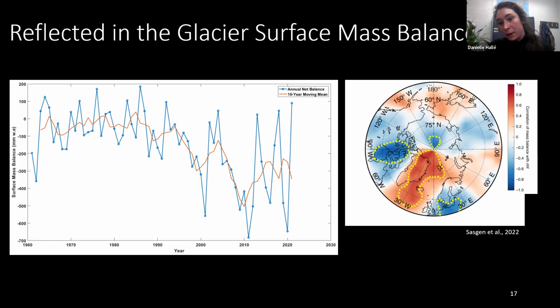So in the Canadian Arctic, it's showing this negative correlation, which means the northward heat flux is now moving further south in the Canadian Arctic and coming up along the eastern coast of Greenland, and could partially explain why we've seen this replenishment of the firn layer in the past spring.